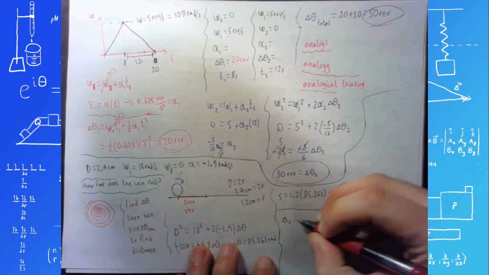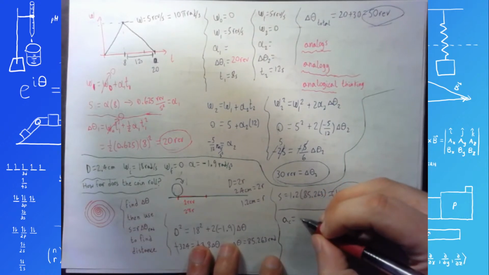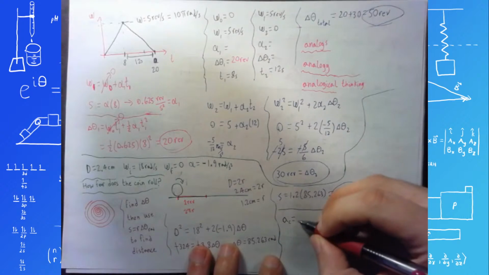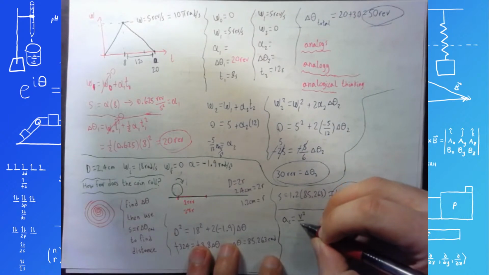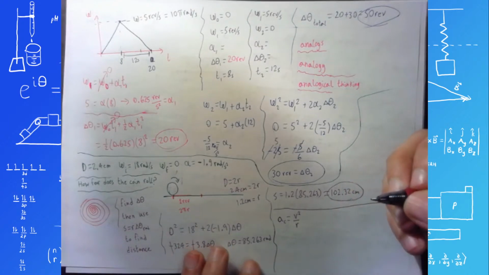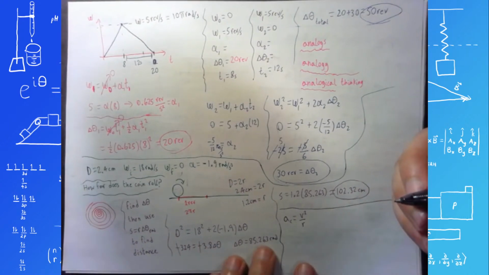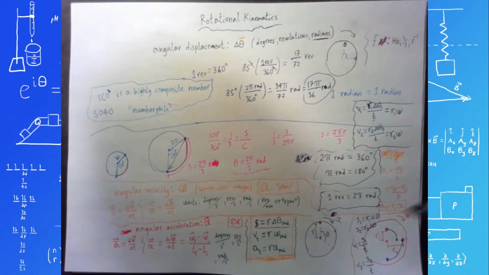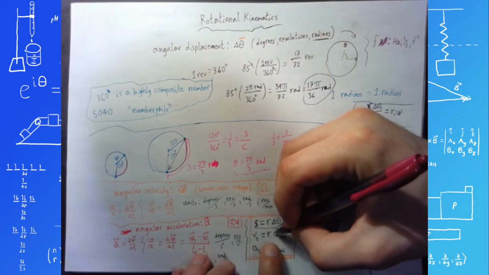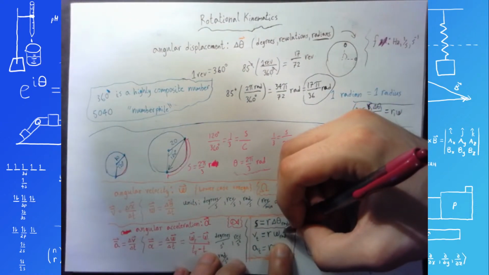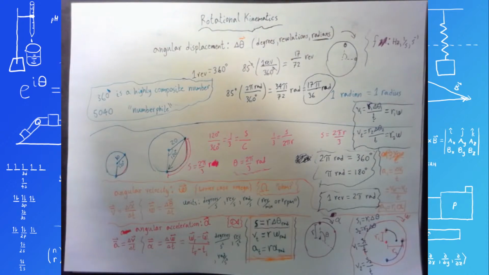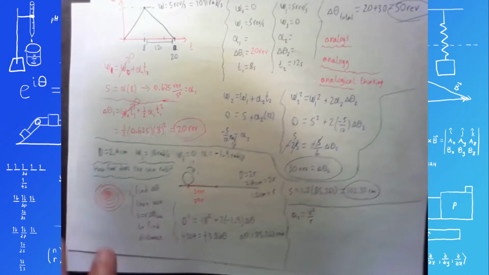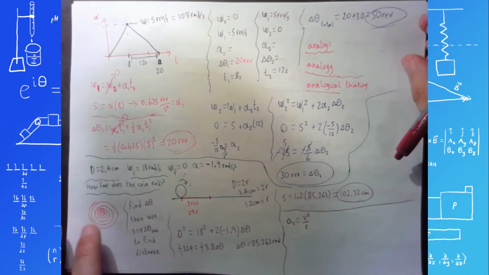If centripetal acceleration is equal to v tangential squared over r, then since v tangential is equal to r times angular velocity, we can use angular velocity instead of tangential velocity.